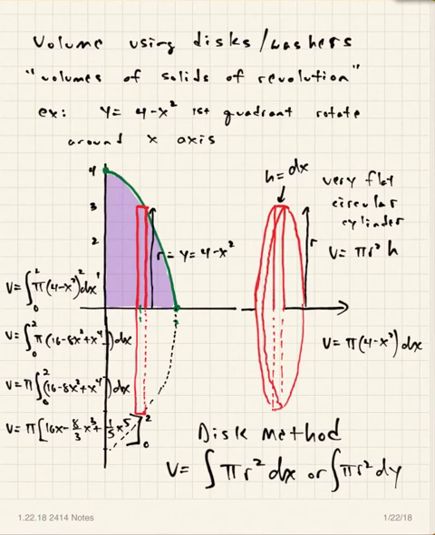Luckily, at 0, everything is 0. And so all you're doing is substituting in 2 here. And so you have pi times 32 minus 64/3, plus 32/5.